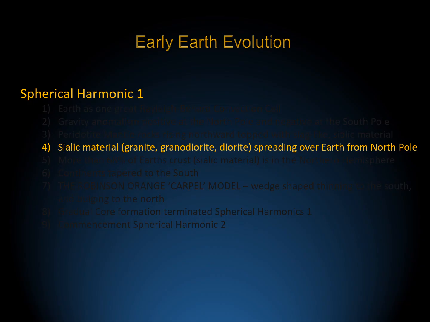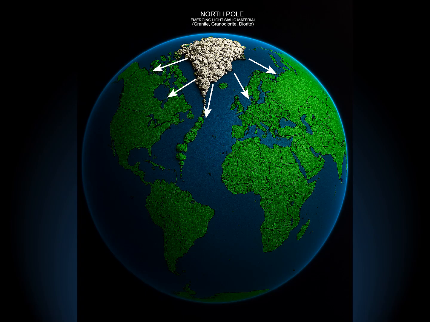Sialic material, that is granite, granodiorite, and diorite, spreading over the Earth from the North Pole. Here we see emerging light sialic material, granite, granodiorite, diorite, floating on top of the peridotite at depth.